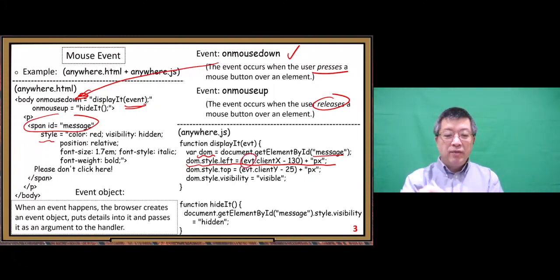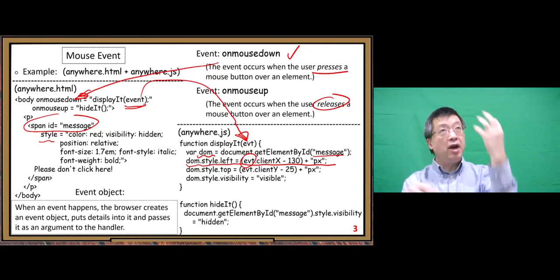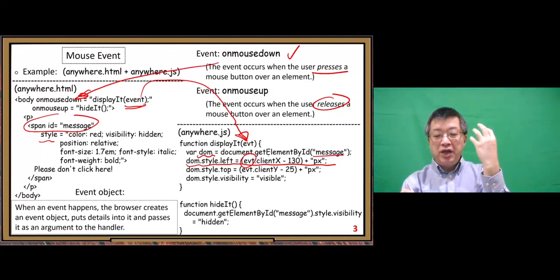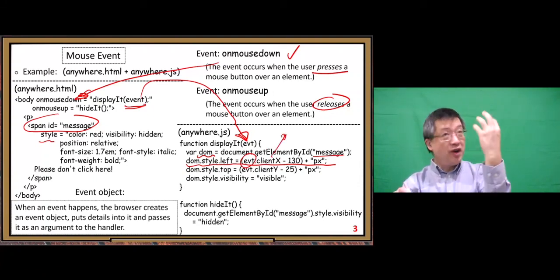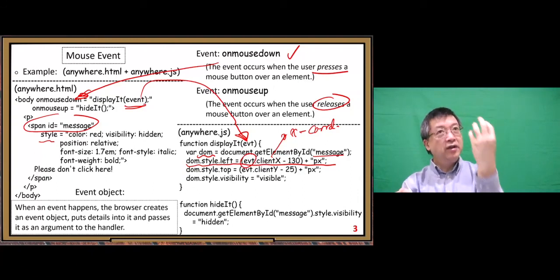EVT, because we pass event to replace this EVT. So here we use that event object. The event object has the property clientX, the X coordinate, and clientY, the Y coordinate.